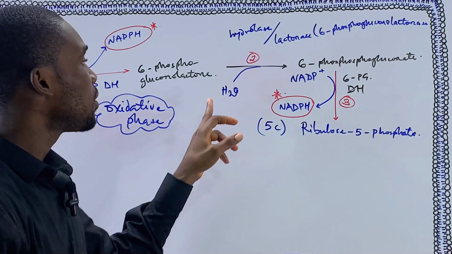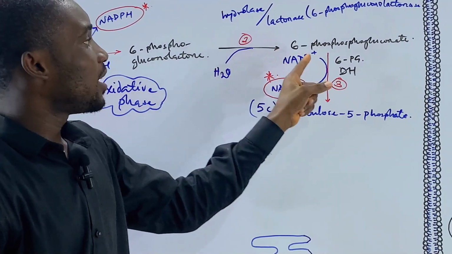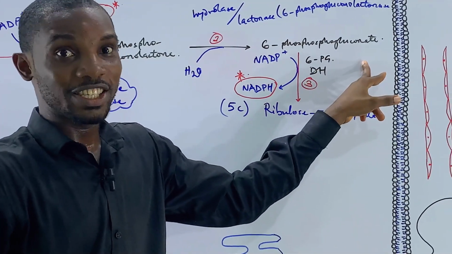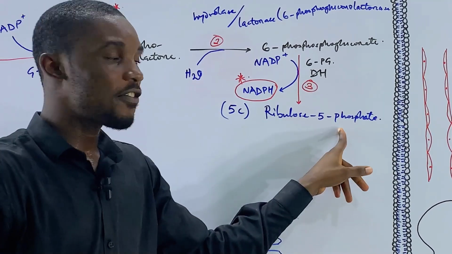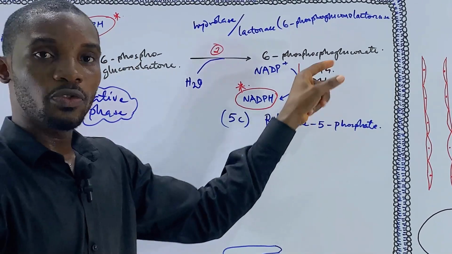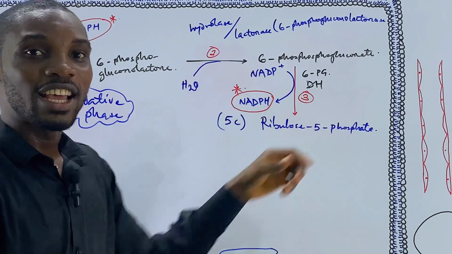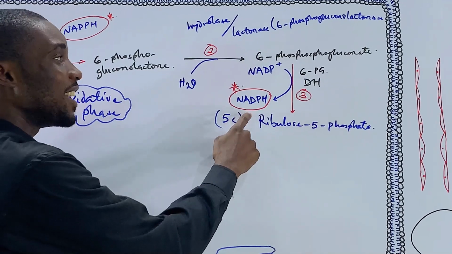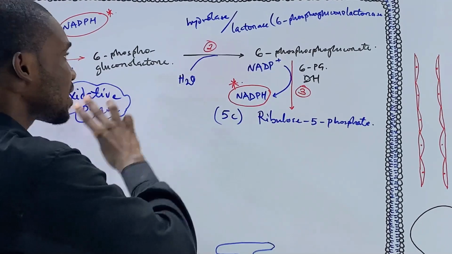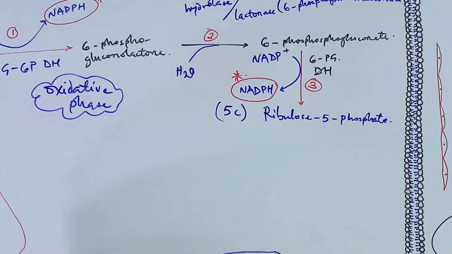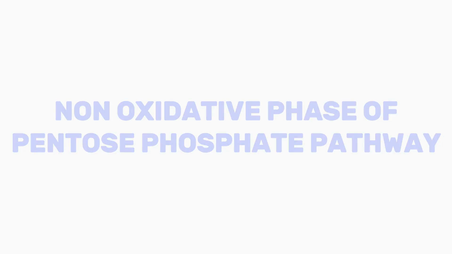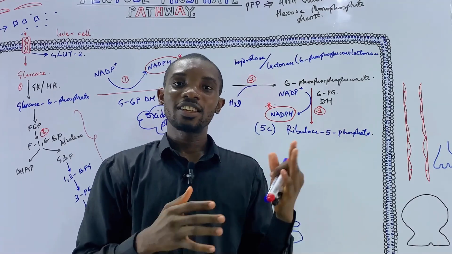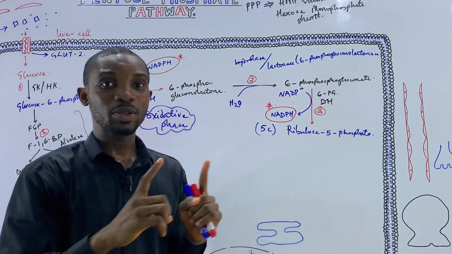You would remember it that way. So there's addition of water and then a 6-phosphogluconate is formed. This 6-phosphogluconate is converted to ribulose 5-phosphate by the enzyme 6-phosphogluconate dehydrogenase, and then another molecule of NADPH is formed. These 3 reactions are oxidative phases of PPP. So we've discussed the oxidative phase, that's your irreversible phase.